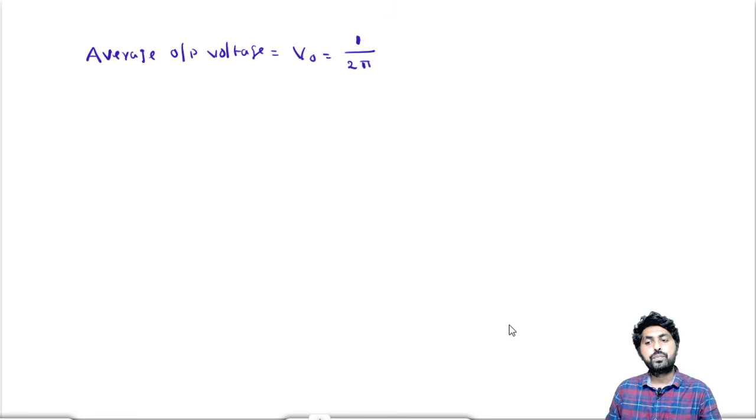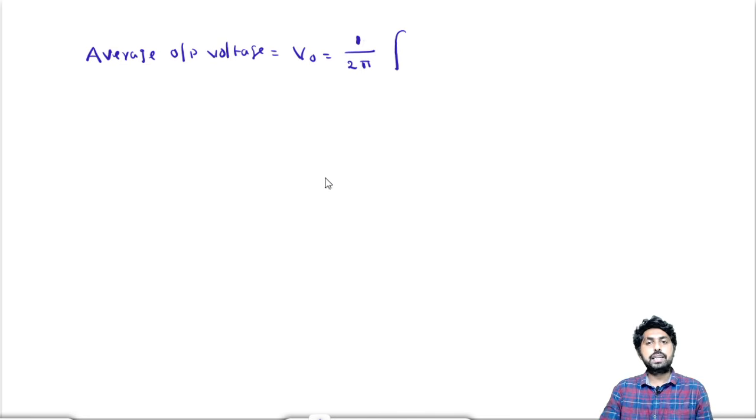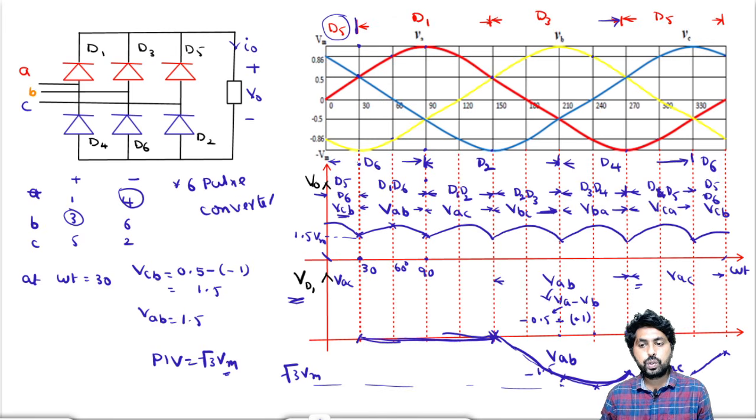It is conducting for 30 to 90 degrees, so that is 60 degrees, and it is repeating in nature.